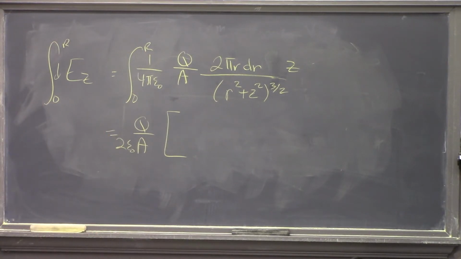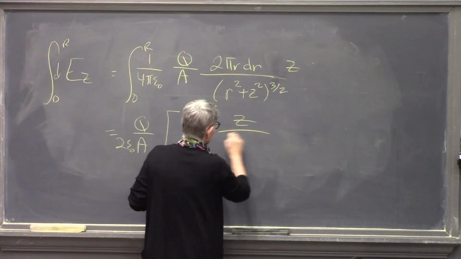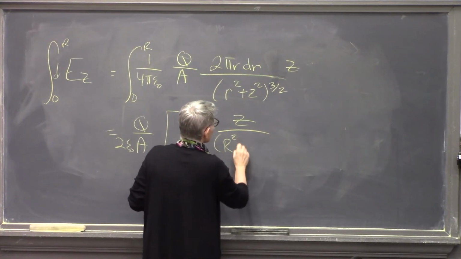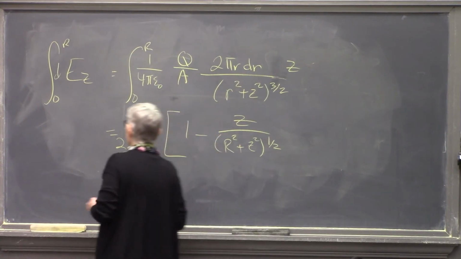And then it turns out to be a 1 minus z over R squared plus z squared to the 1/2.